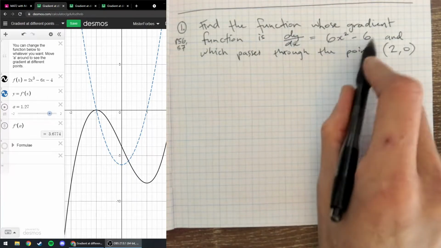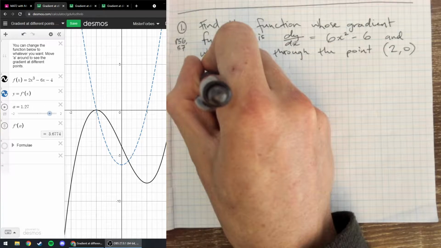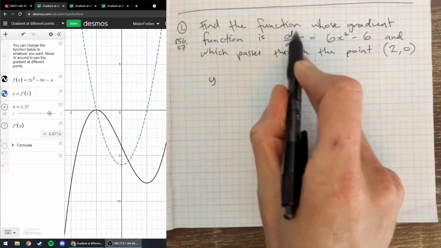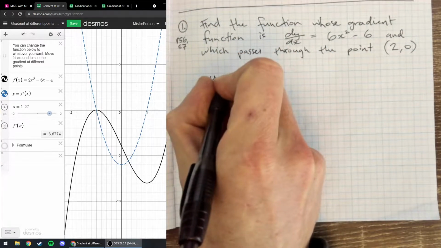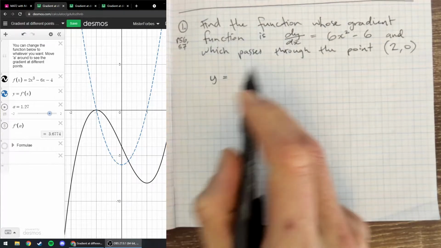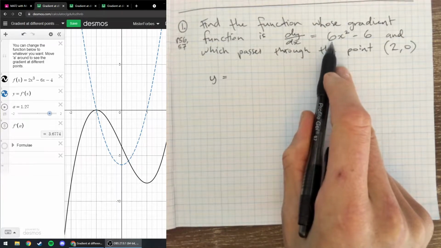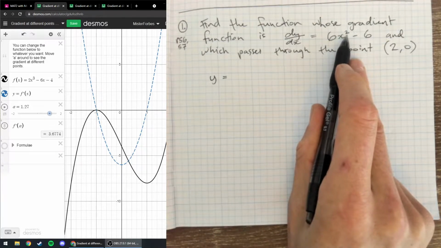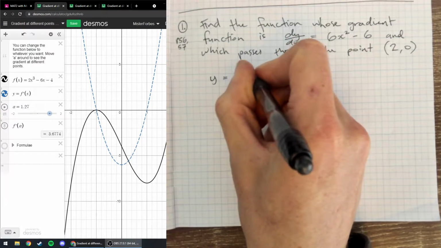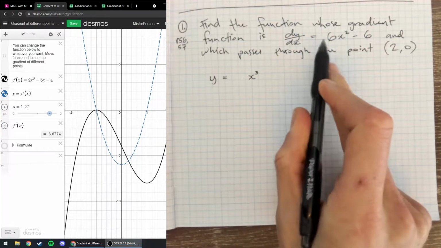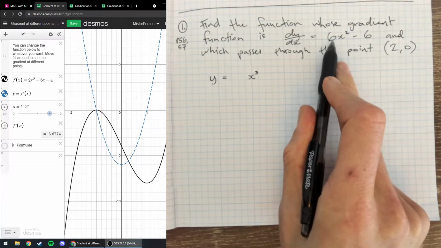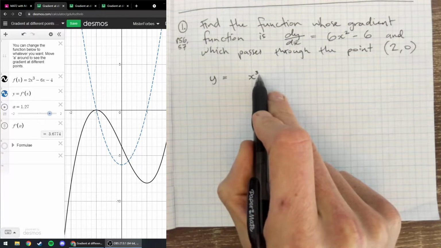So what we're going to do is anti-differentiate this. Given the notation, we have a dy by dx, so that means the original function is going to be a y. So it's going to be y equals, and remember all we do is add 1 to the power, so it's going to become x cubed, and then we divide by the new power. So 6 divided by 3 is 2.